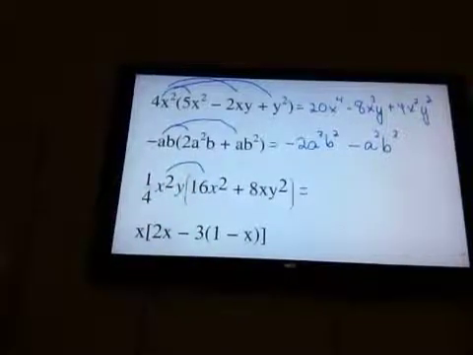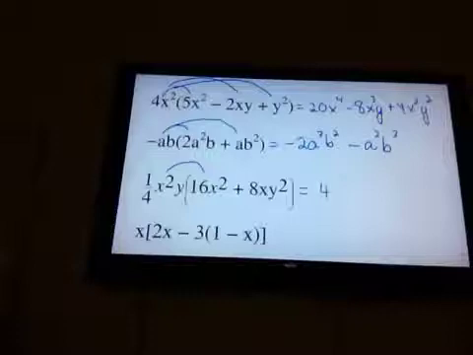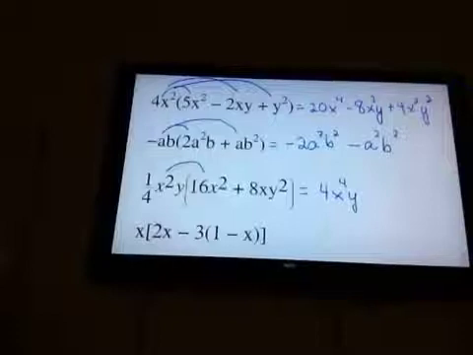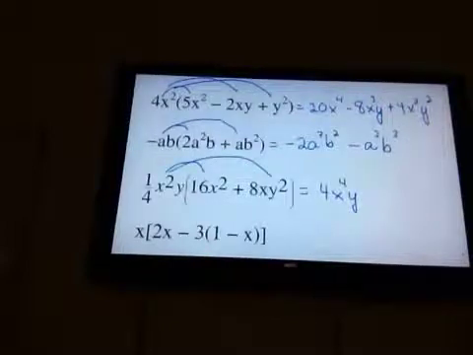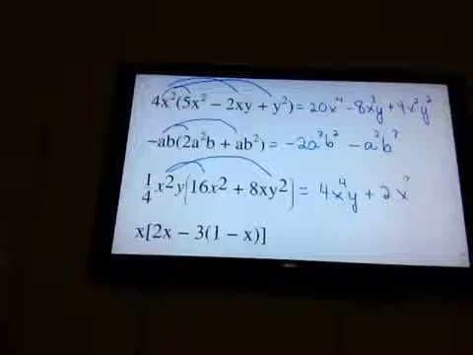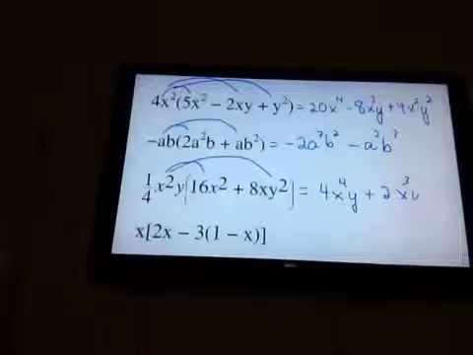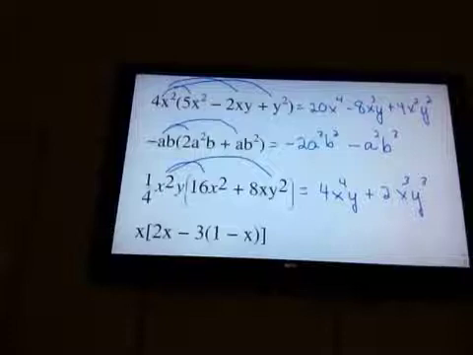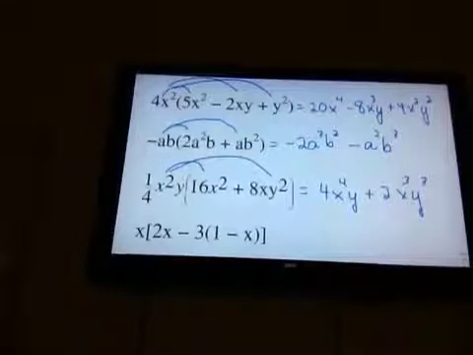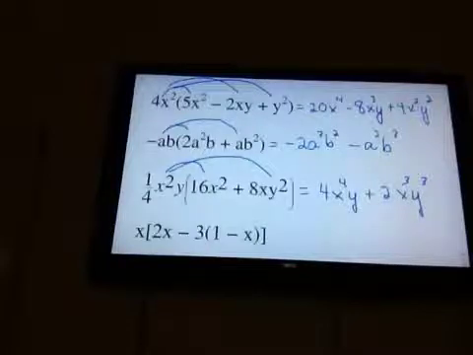So 1/4 times 16 is positive 4, and then x to the 4th power y. And 1/4 x squared y times 8xy squared is like 8 divided by 4, so positive 2x to the 3rd power, 2 plus 1, and y to the 3rd, 1 plus 2. And again, those are not alike. I can go no further. Cannot add terms that don't have the same variable component to it.